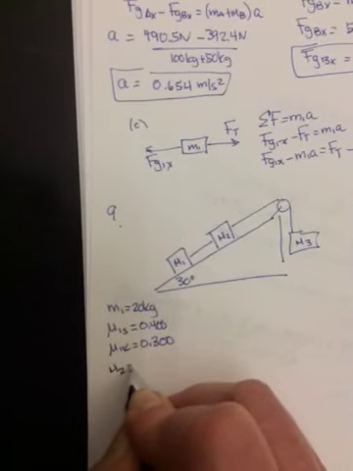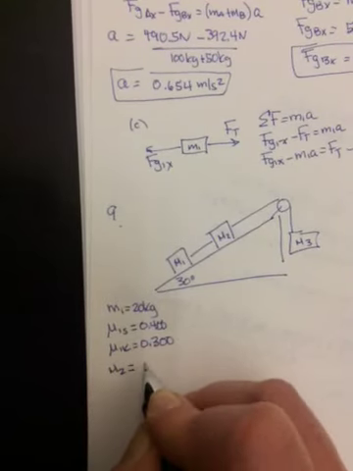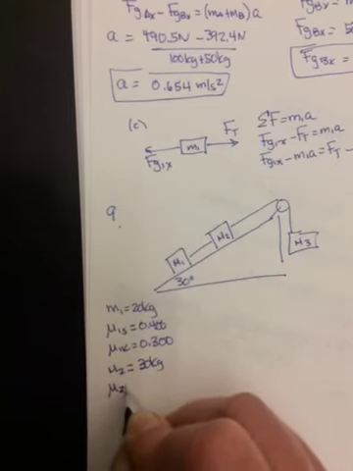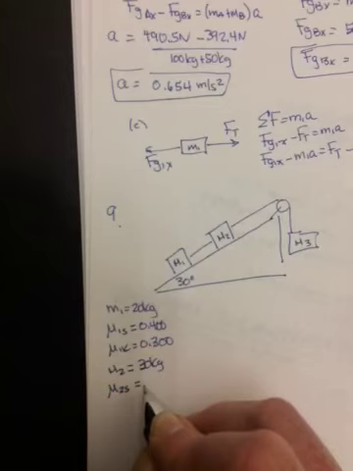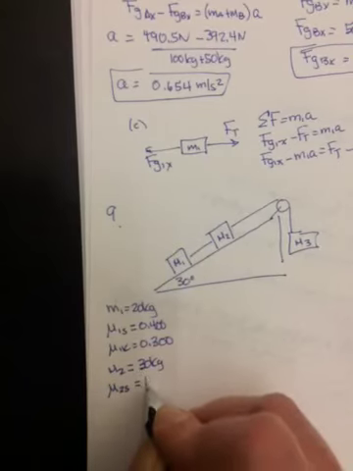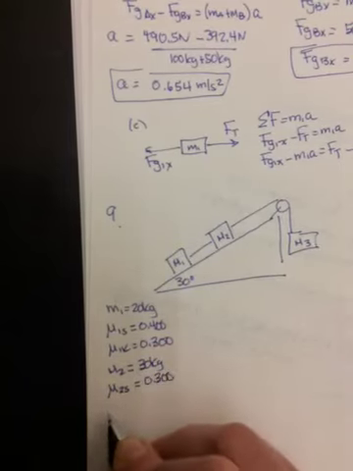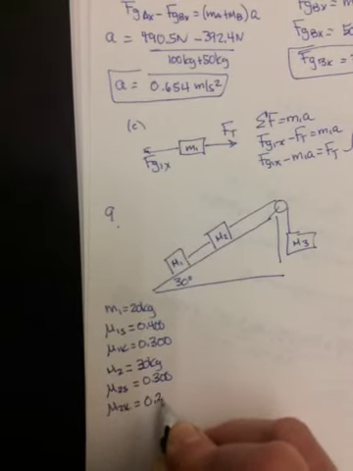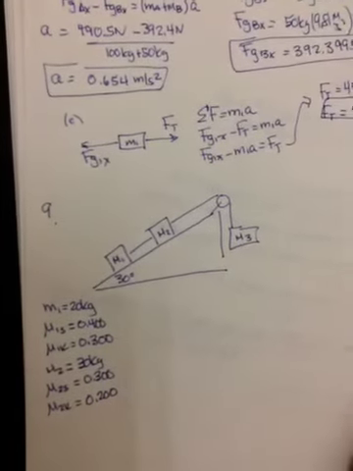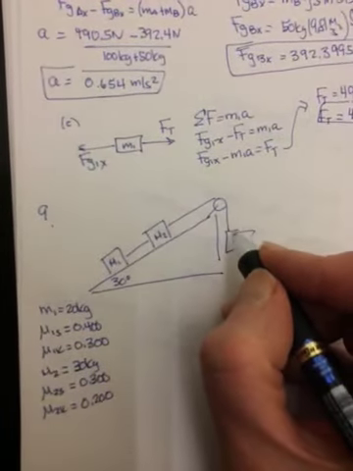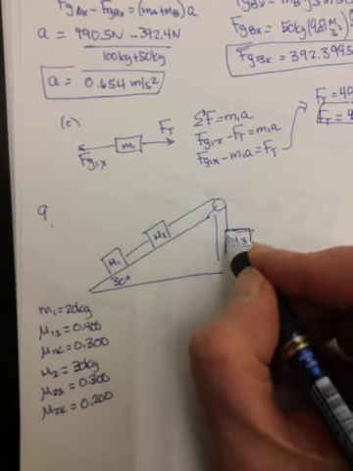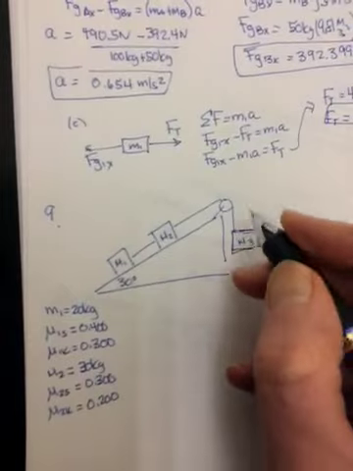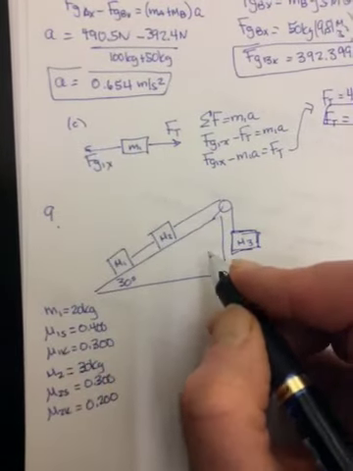M2, the second box on the incline, has a mass of 30 kilograms, and it has a mu2 static of 0.3 and a mu2 kinetic of 0.2. All right, and the question wants to know, what's the range of masses possible for M3 that would hold this in place? And this was the piece I had hoped to have time to talk to you about today.